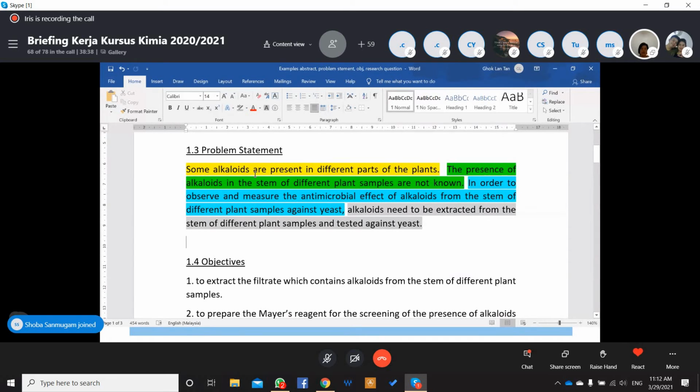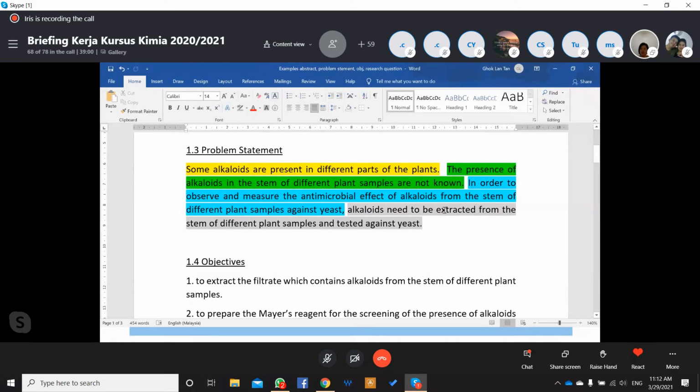Tetapi in the stem, I'm not sure ada atau tak ada. But why I want to know? Because I want to know kalau ada, adakah alkaloid akan act as anti-microbe towards yeast? Oh, okay, that is my intention. So therefore, what do I need to do? Oh, so I need to extract lah.